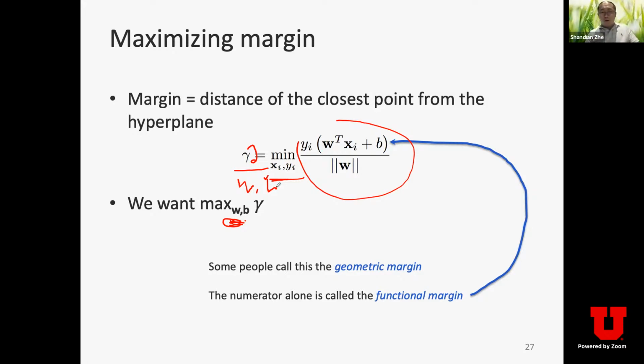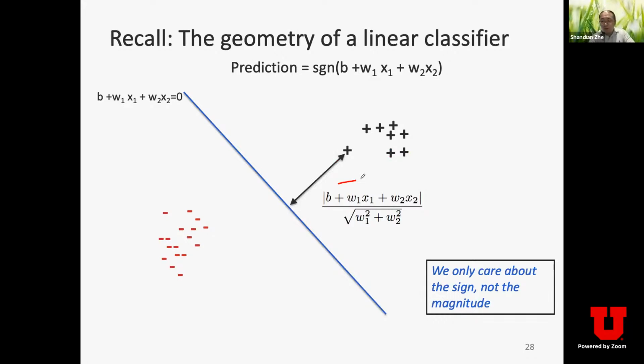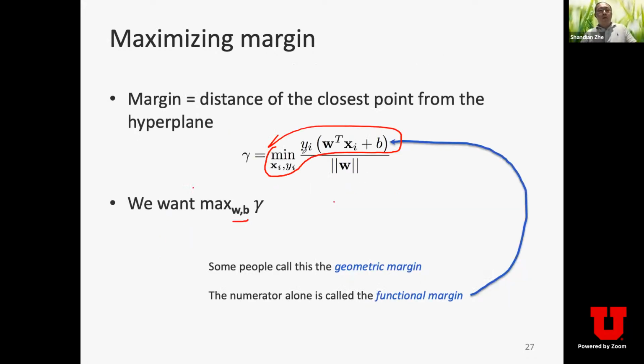First of all, we observe that to compute the margin, given the weight and bias, we essentially want to minimize the numerator, because the weight vector is fixed, and so is the denominator. So we're trying to find the minimum numerator across all the training examples.